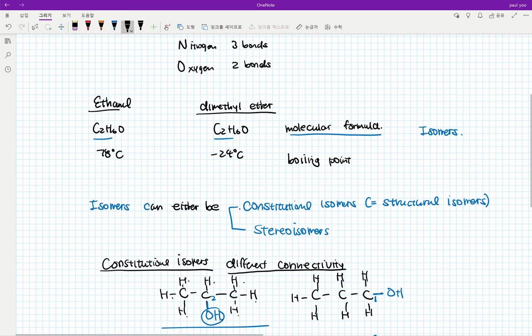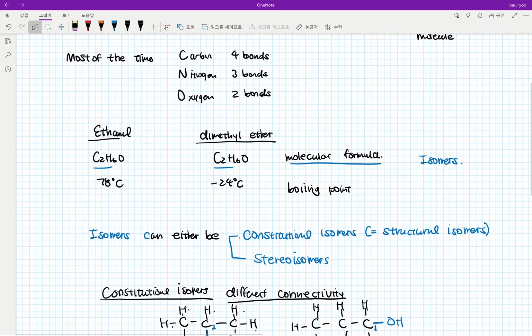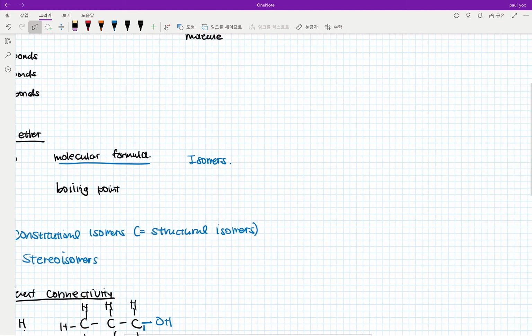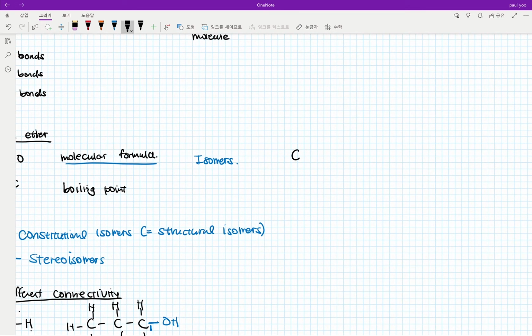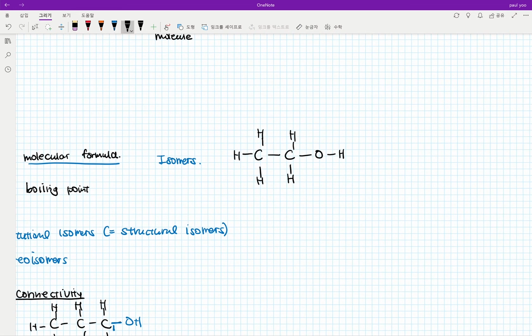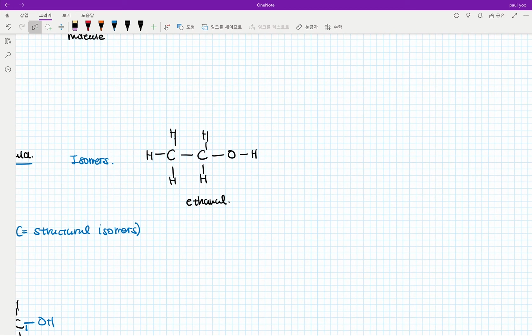So let's go back to this ethanol and dimethyl ether example. Ethanol has C, C, O, H as a Lewis structure, while dimethyl ether has O in the middle.